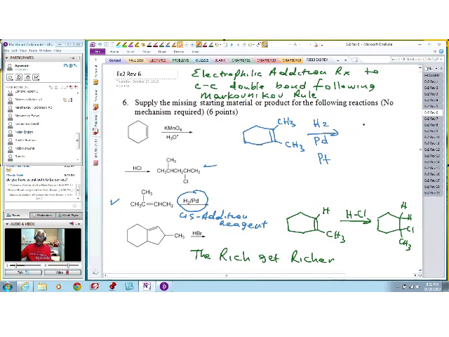Okay, hydrogen and palladium, what does it do? It will add 2 hydrogen atoms across the carbon-carbon double bond such that those 2 hydrogen atoms will be cis to each other. Okay, we know the metal is still here.